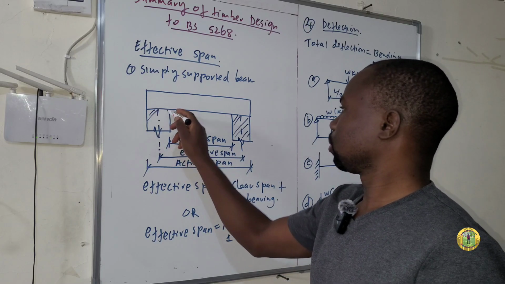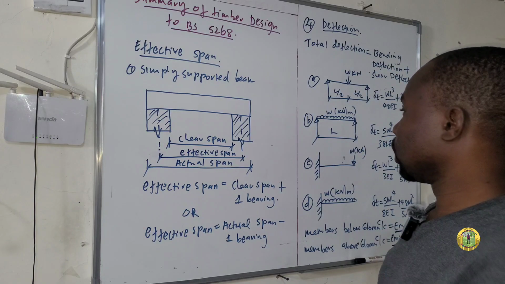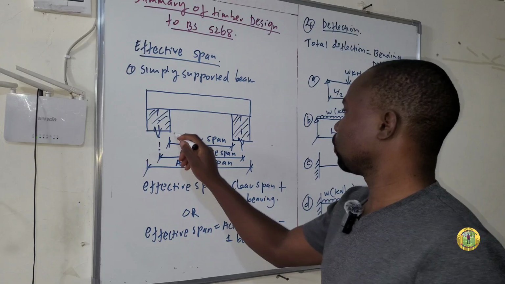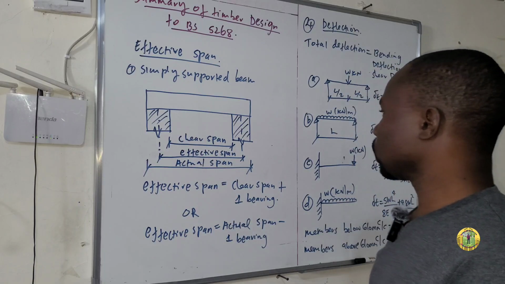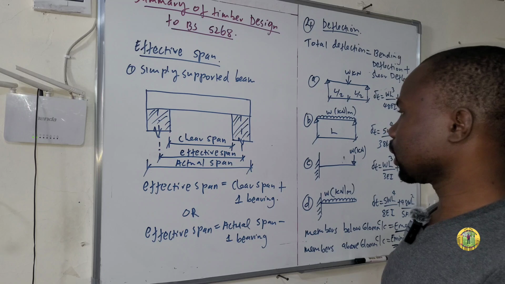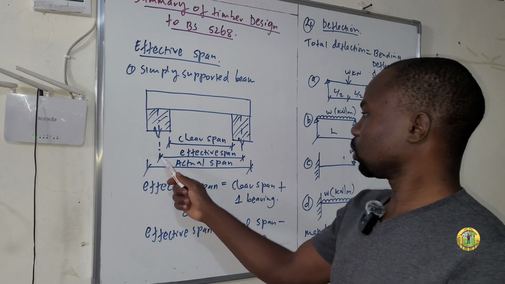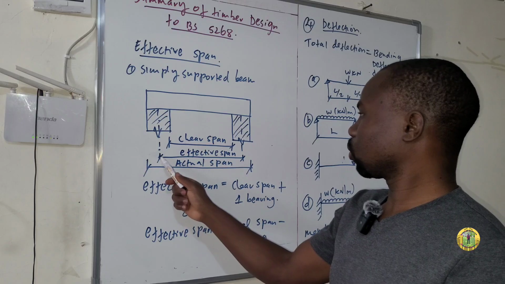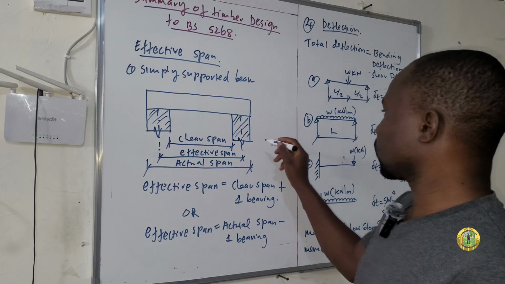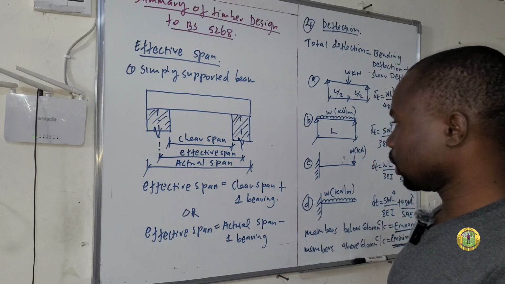The distance between the inner sides of the walls is what we call the clear span. The distance between the center of this wall or column to the center of another column or wall is what we call the effective span, and the outer distance from here to here is what we call the actual span.